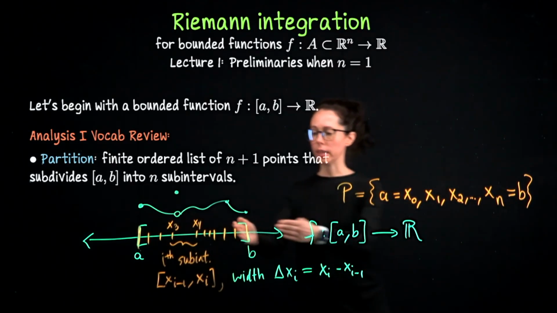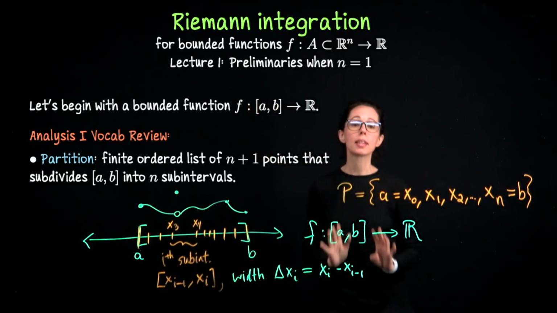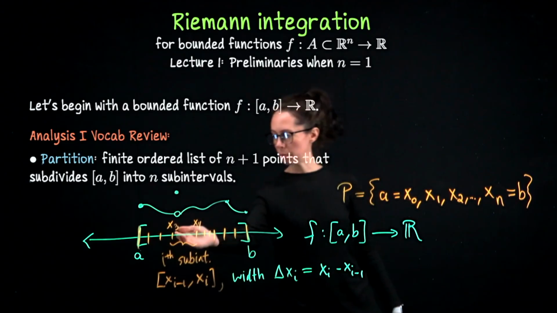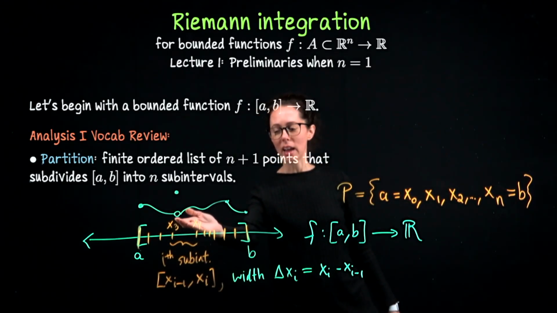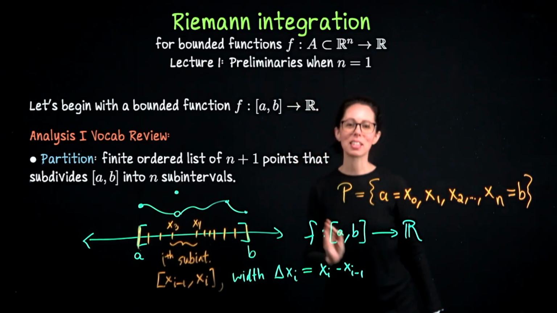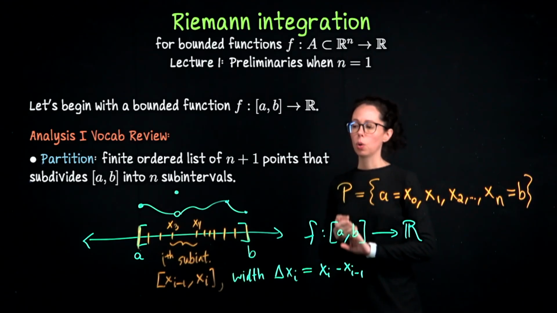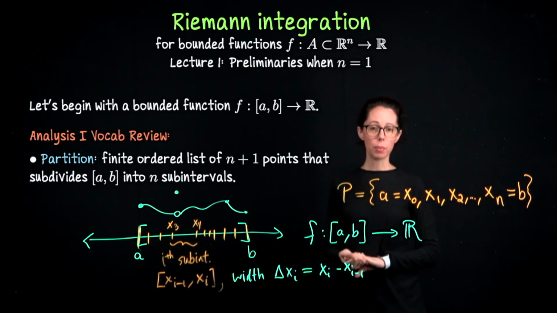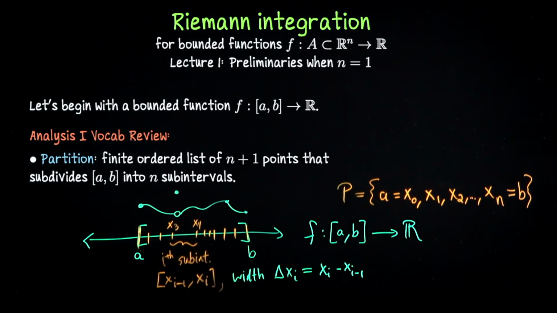We could be looking at, say, having a function maximum and a function minimum over each of these subintervals, but it's not required. So here it looks to me like over this subinterval, this function has an infimum value that is not actually the minimum, but it has an infimum. So a bounded function over each subinterval here will have a supremum and infimum, and those values will go into our next set of definitions.